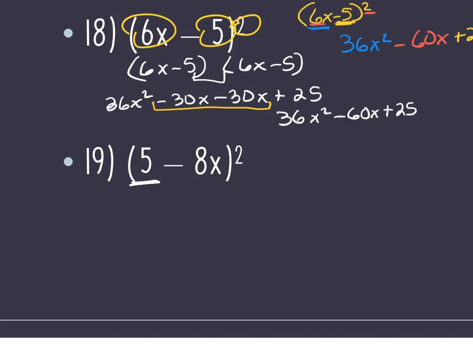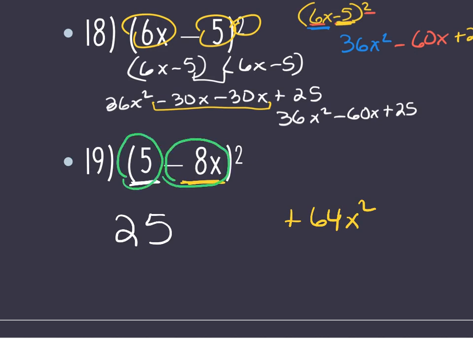Square this, and it's 25. Square this, and it's positive 64x squared. And then the middle term, we multiply 5 times negative 8x times 2. And that'll give me my negative 80x.